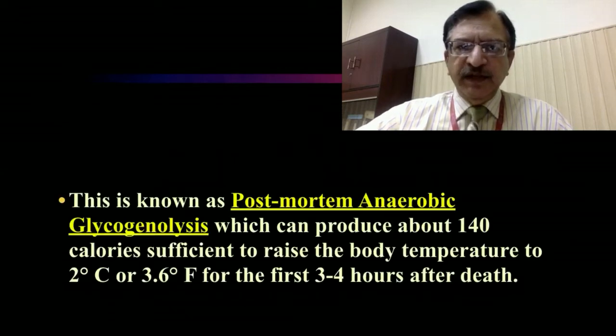This is known as post-mortem anaerobic glycogenolysis, and it can produce approximately 140 calories, which is sufficient to raise the body temperature by 2 degrees Celsius, or 3.6 degrees Fahrenheit, for the initial 3 to 4 hours after death. So this is another factor, anaerobic glycogenolysis, which imparts heat to the body. Insulating factor and anaerobic glycogenolysis.